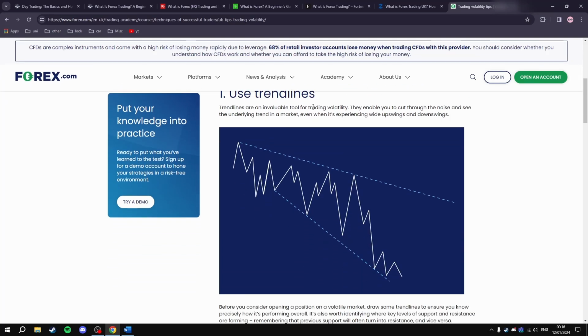They enable you to cut through the noise and see the underlying trend in the market, even when it's experiencing wide upswings and downswings.